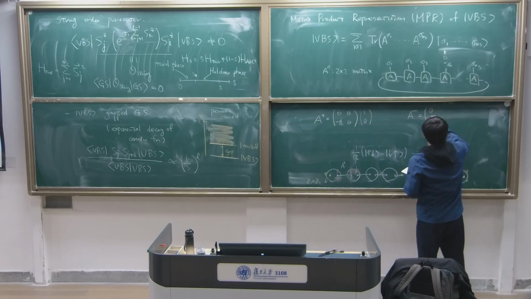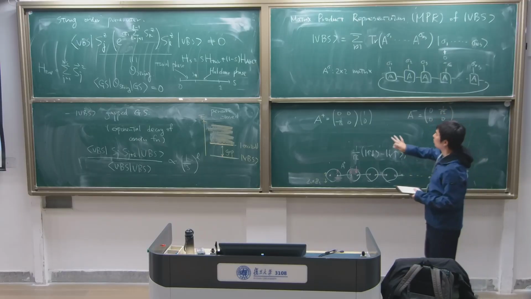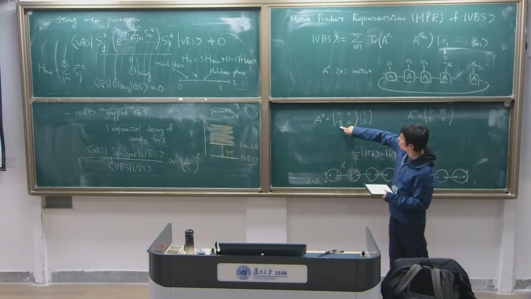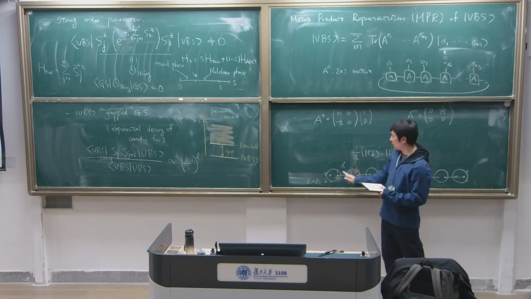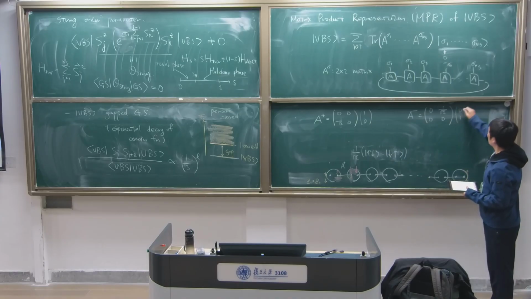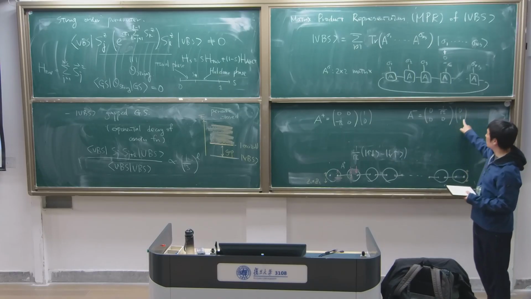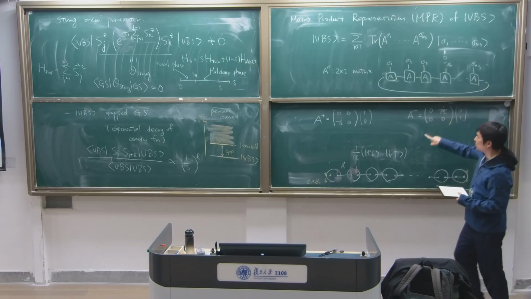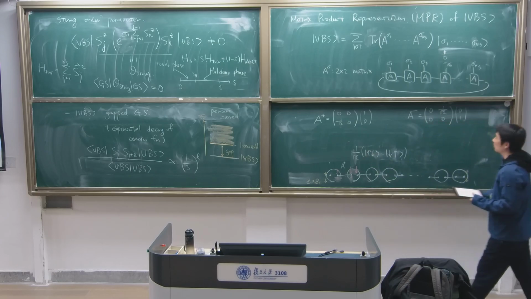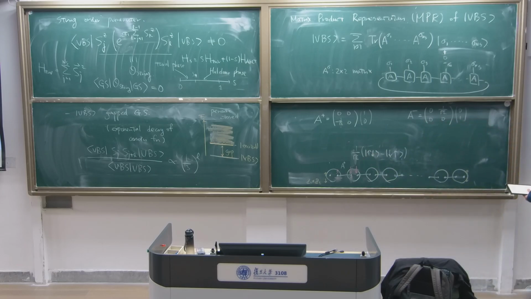So it should be square root 2 and 0. So this state just means that the spin up state goes to spin minus when you move to the next site. In this case, if you have a spin down state acting on this n minus, you get a spin plus on the next state. That's what it is. Okay.